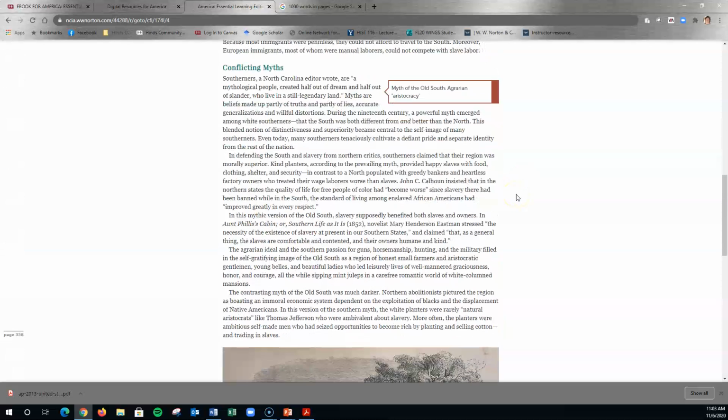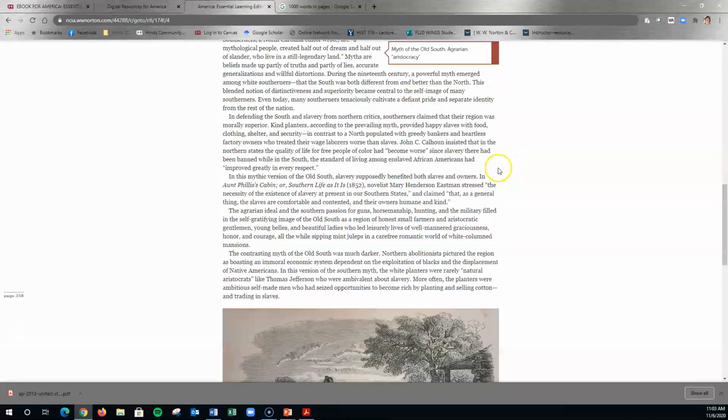Now, one of the things that the book tries to get you through is some of the myths about the Old South, some of the things that we associate with the Old South that are probably more myth than anything. Number one, Southerners claimed that their region was morally superior.